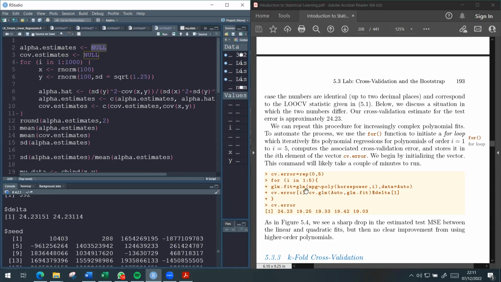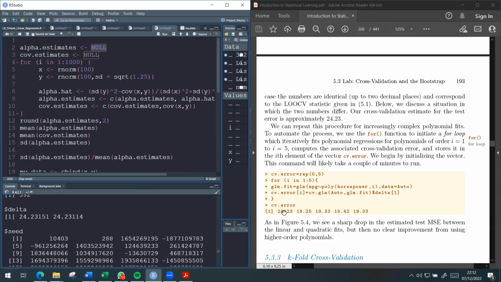And then for each loop, in the ith entry, they swap out that 0 with the leave one out cross validation mean square error. It's these 5. We had got the 19.25 as well last time with the quadratic fit.